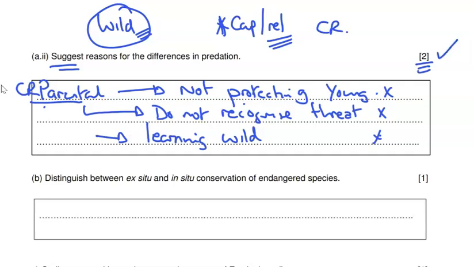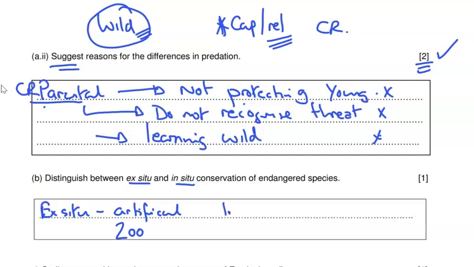We're being asked in the next section to distinguish between what is called ex situ and in situ conservation. All right, so ex situ is the creation of an artificial environment for conservation. And if I were to give an example, the immediate one that comes to mind is a zoo or a wildlife park.